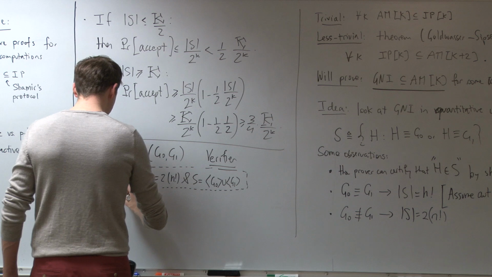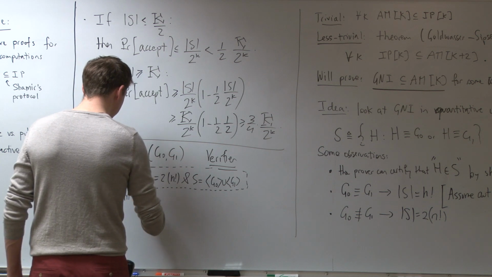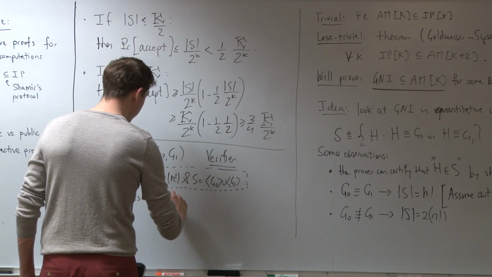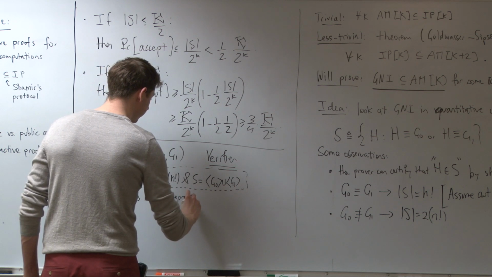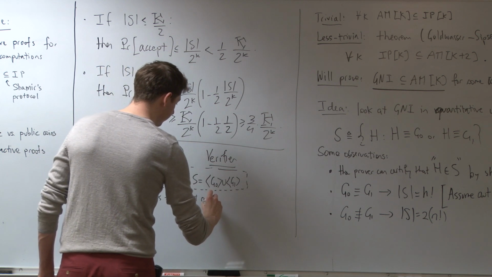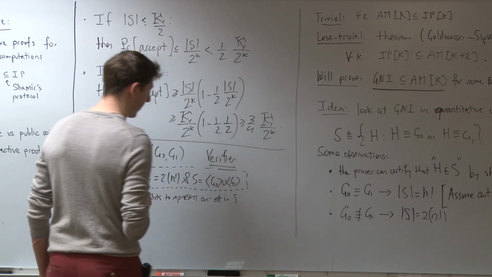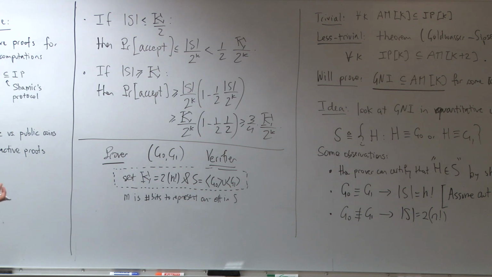So M is the number of bits to represent an element in S. For example, you could imagine that M is just n by n, which is the adjacency matrix for one of these graphs, right? It doesn't have to be a tight representation.